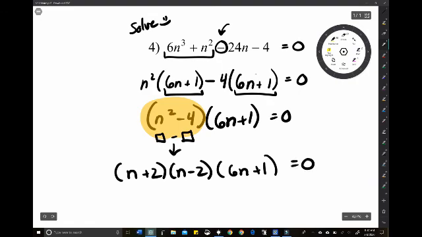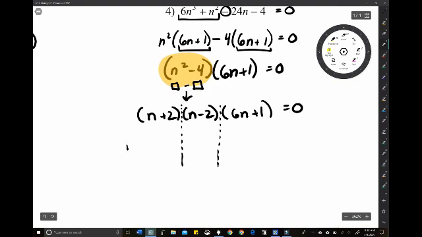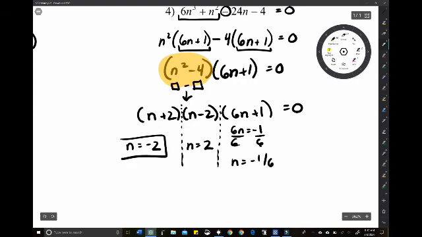And since I set it equal to 0, we just have all those little mini equations to solve. I believe your practice is just to factor, and so 6n equals negative 1, n equals negative 1 over 6. If you had to solve, just remember you're just splitting each one up and solving individually.